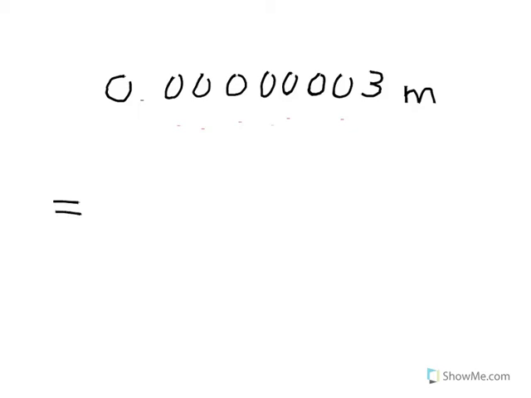Well, once again, we would just write the significant digit. In this case, there's only 1 digit, so we don't have to worry about a decimal place. It's just 3. And then we're going to multiply that by whatever power of 10 we need to move the decimal place to the right spot. So in this case, since we're talking about a very small number, rather than having a power of 10 that is positive, we're going to have a power of 10 that's negative, because that's the direction we're moving the decimal.